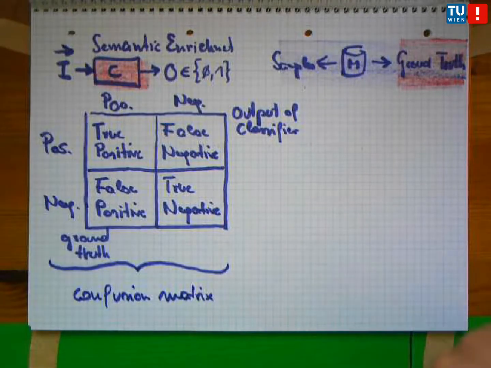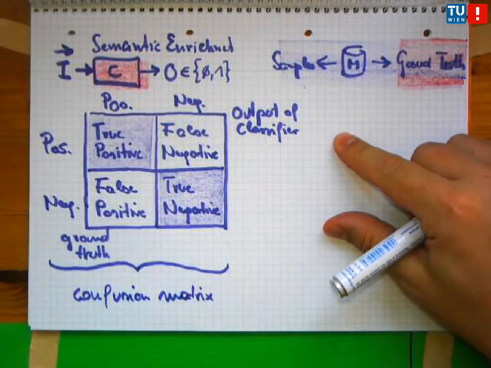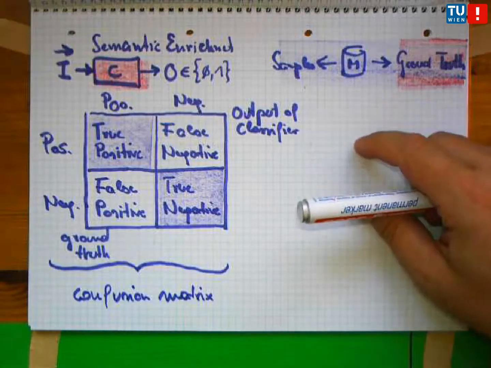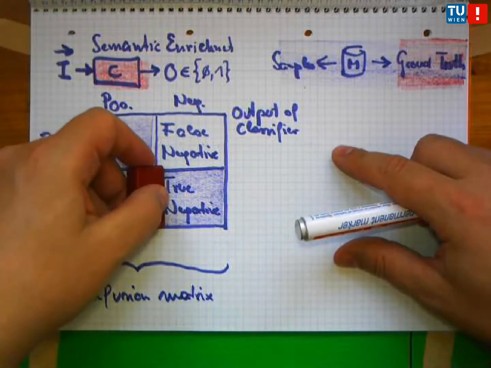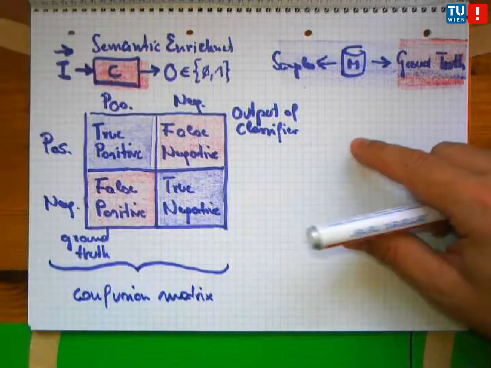In that matrix, true positives and true negatives are the two desired fields. However, these desired results might be confused in two possible ways: the error of the first kind and of the second type.